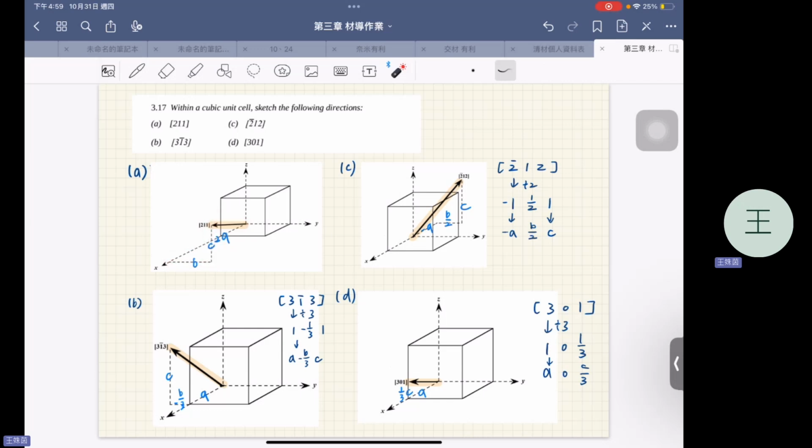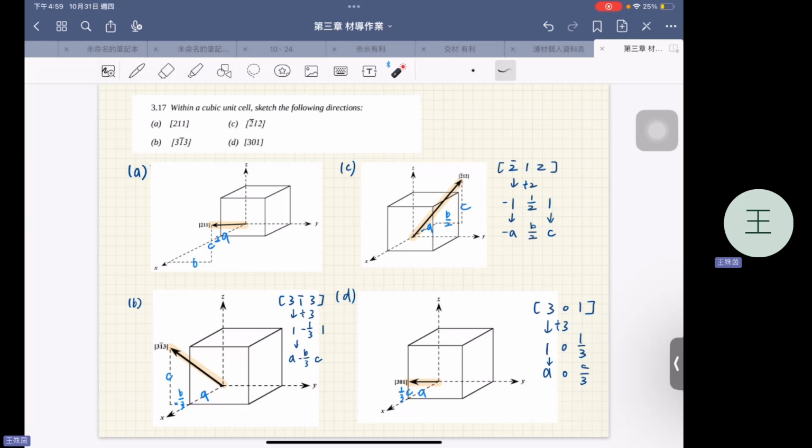And for question B, 3, minus 1, 3, we can first make a couple of changes to make it simpler to draw at a smaller scale. For me, I'll change it by dividing by 3. You can divide or multiply by anything you want; you can do it either way.